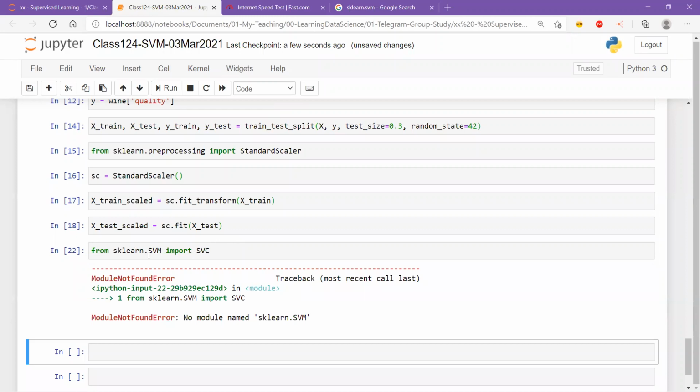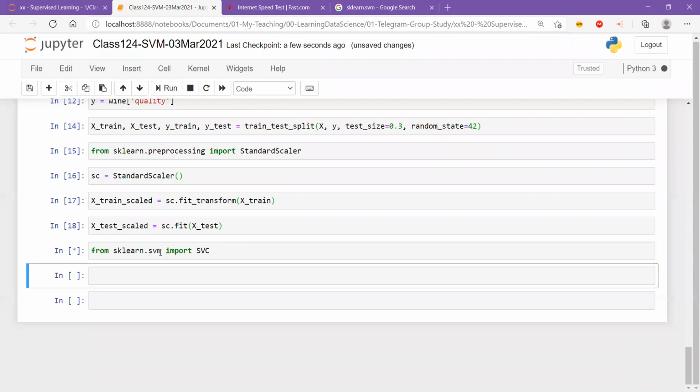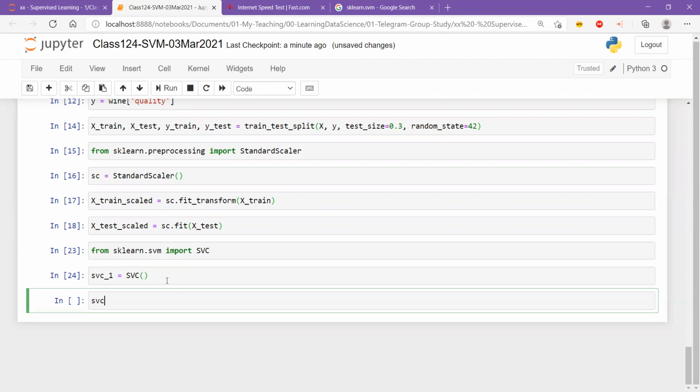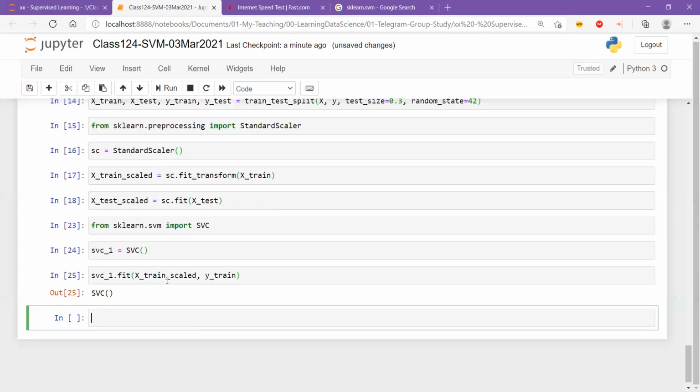When it comes to sklearn, it is really easy. We know how we need to do that. So svc_1 is going to be my first model. I'm going to create an object of it, and then I'm going to say svc_1.fit on x_train_scaled, y_train. Right, I have got my model.